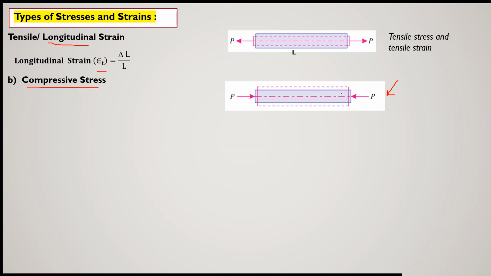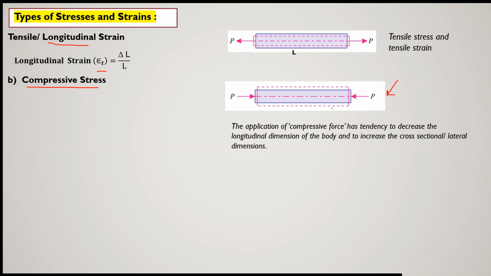That blue color figure is the original figure, and after application of force, let it deform, and you will find here that the lateral dimension is increasing but the longitudinal dimension is decreasing. So there may be some decrease in the longitudinal dimension or length. So the application of compressive force has the tendency to decrease the longitudinal dimension of the body and to increase the cross-sectional or lateral dimension.